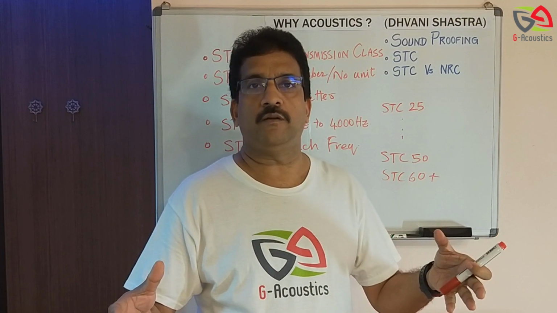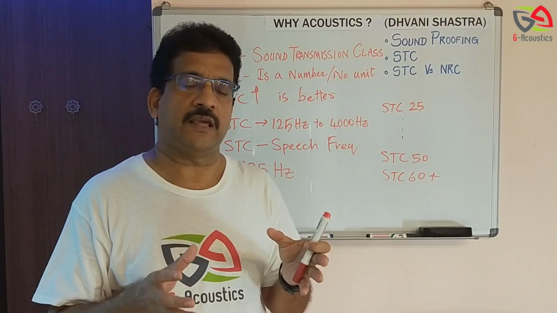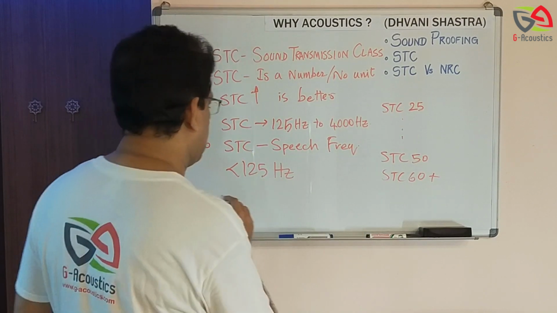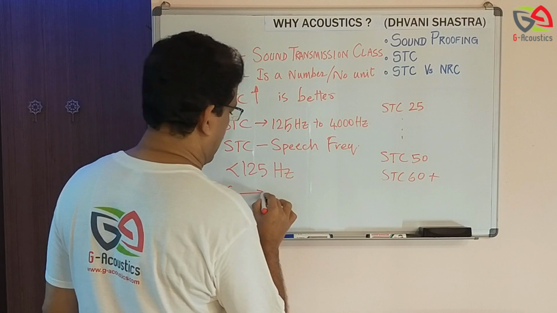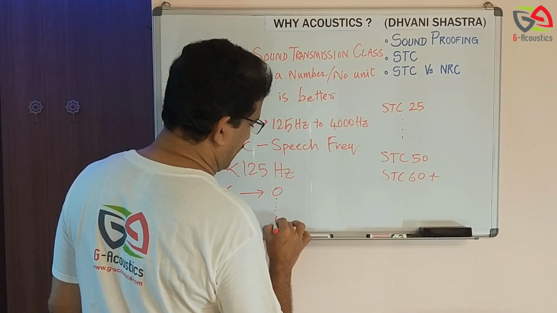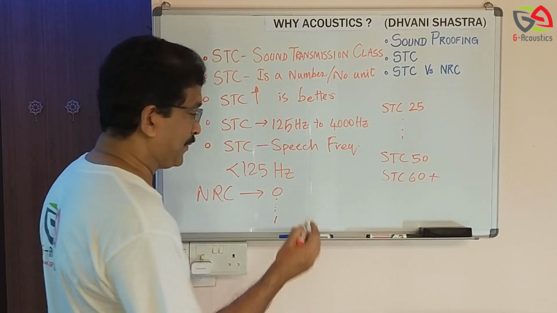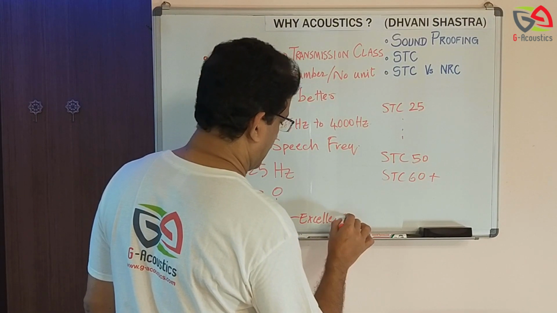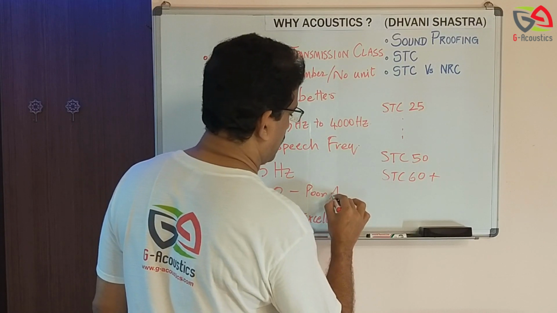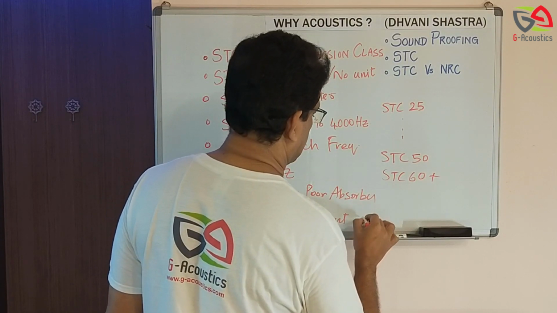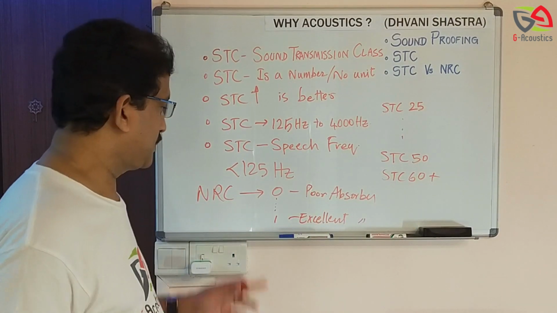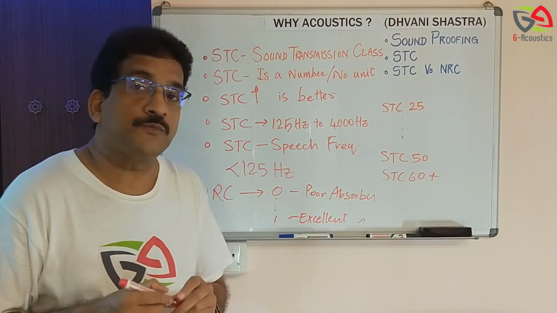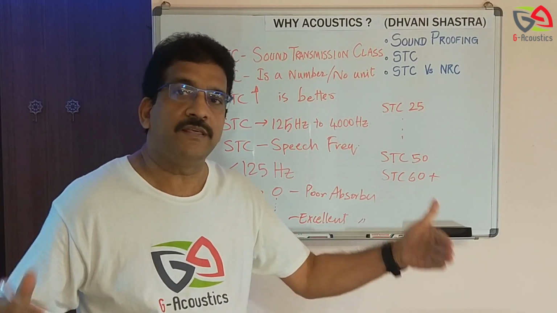An NRC of 1 is an excellent absorber and 0 is a poor absorber, right? This is what we learned in the previous lecture.